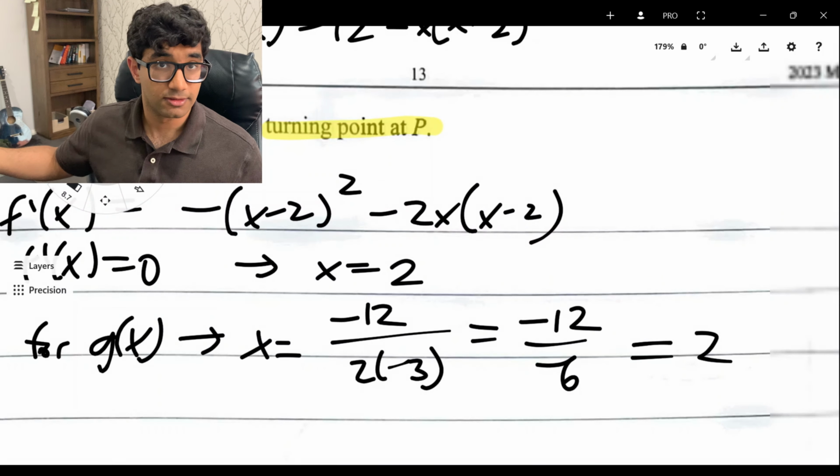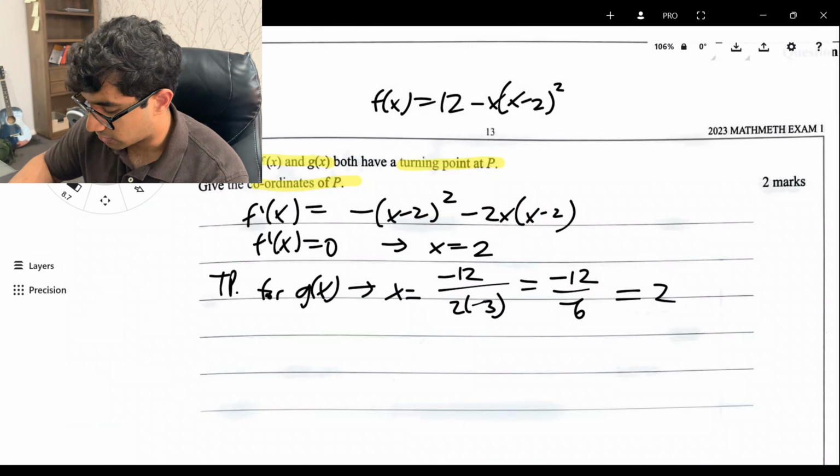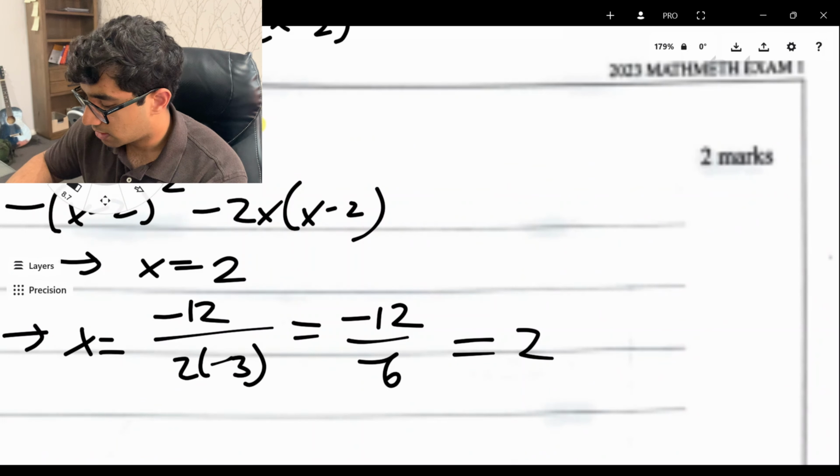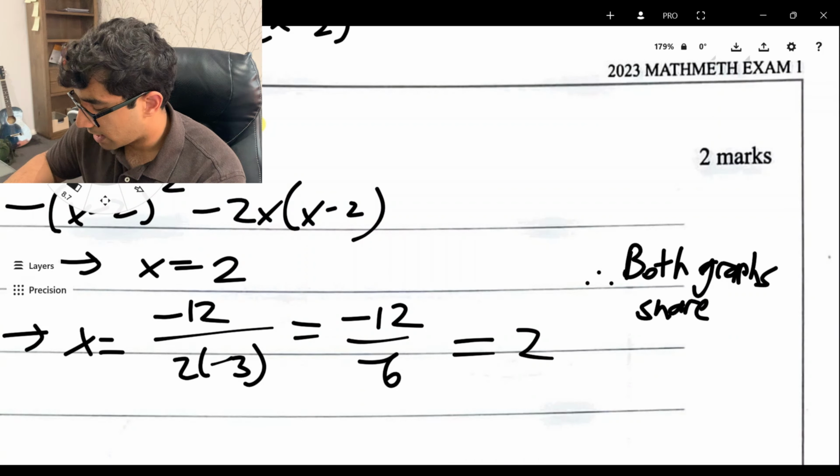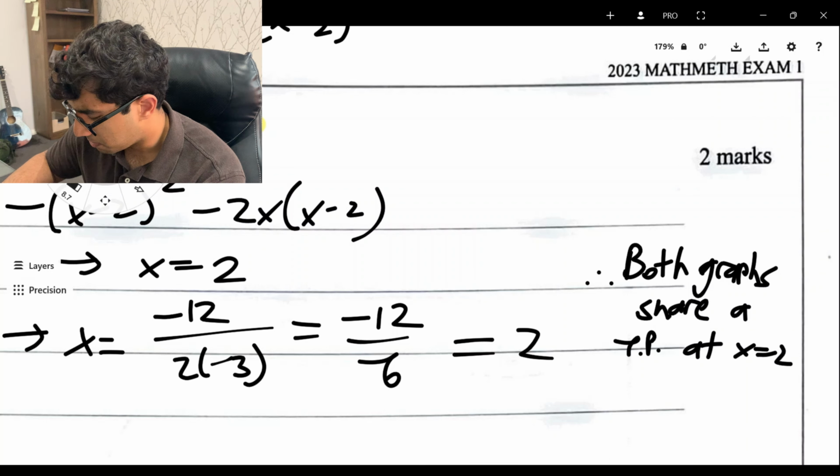And look at that. So they both share a turning point at x equals 2. Thus, both graphs share a turning point, a TP, at x equals 2, okay, at P.